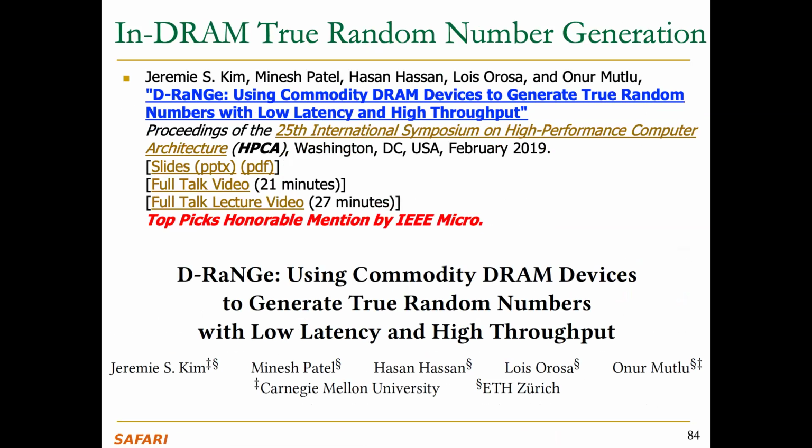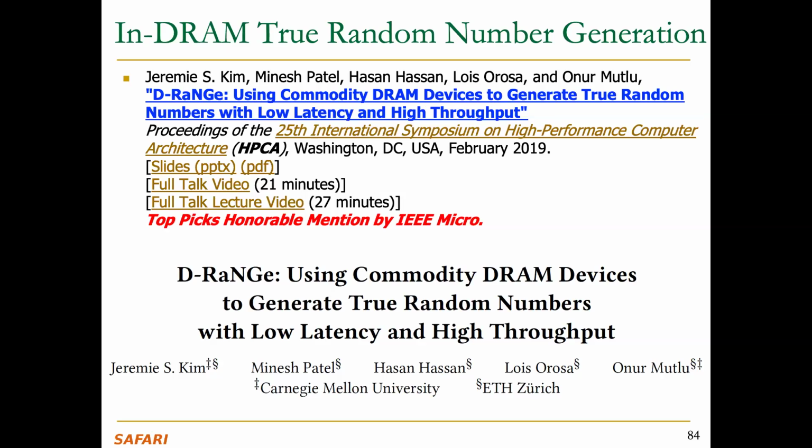If you violate the timing parameter to access a DRAM chip, some cells fail at a 50% rate, meaning once you access that cell, it fails. Another time you access it, it doesn't fail. And you can use that as a random number generation signal. Essentially, we call these random number generator cells. If you profile your DRAM and figure out which cells are random number generator cells, you can actually generate random numbers at very low overheads in DRAM.